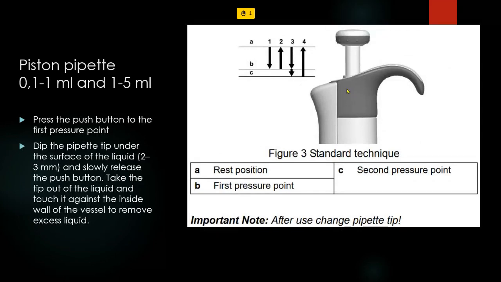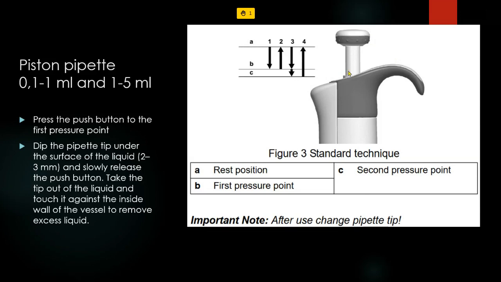If you push on the push button, you will find there are two pressure points. First pressure point and the second pressure point. First, you set the volume by rotating the push button.